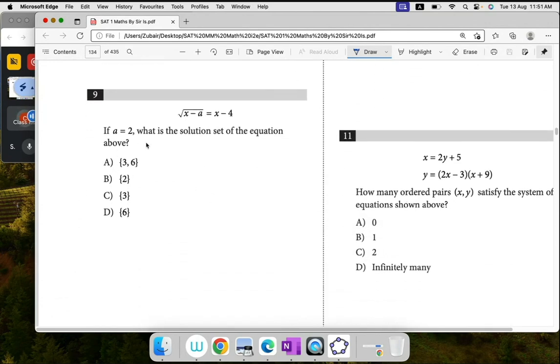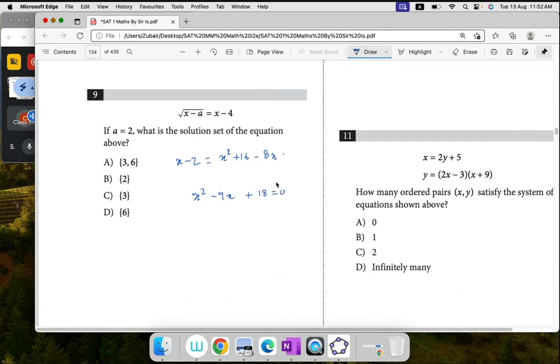If a is equal to 2, what is the solution set of the equation above? Okay. So squaring both sides gives me x minus 2 is equal to a square plus b square minus 2ab. So x square, 8 minus 1 is 9x plus 18 is equal to 0.